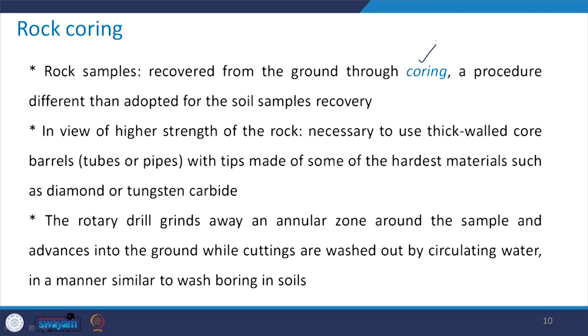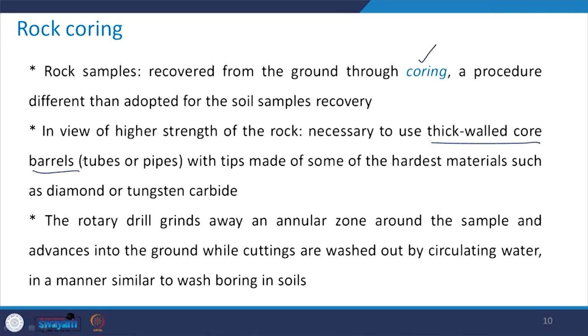I do not need to tell you this, but the strength characteristics of rock are much better as compared to that of the soil. That means the material rock has much higher strength as compared to that of the soil. And therefore, to extract this rock sample from the ground, one has to use thick walled core barrels.